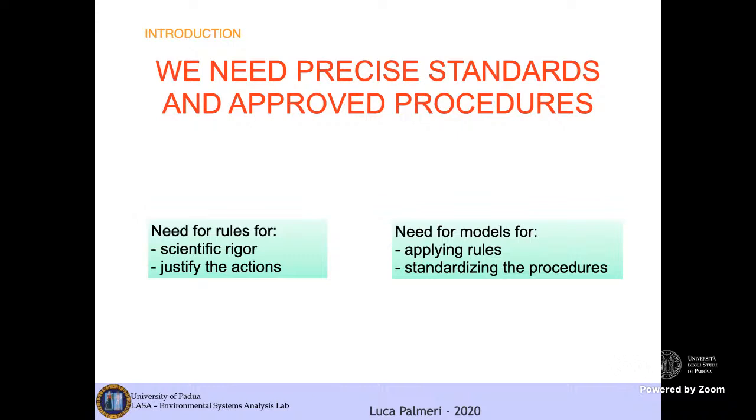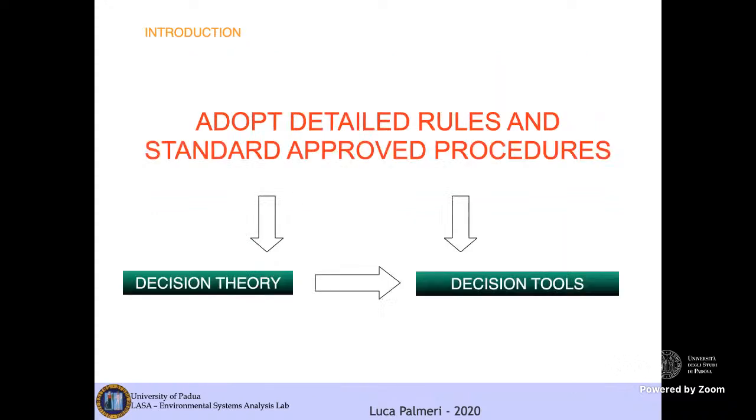There is a need for rules, for scientific rigor and to justify our actions. But we also need models for applying these rules and for standardizing the procedures. This is how the game is built up. In decision theory, we adopt detailed rules, standards, and approved procedures. Decision theory provides us with the tools and the basic assumptions needed for building the decision tools.